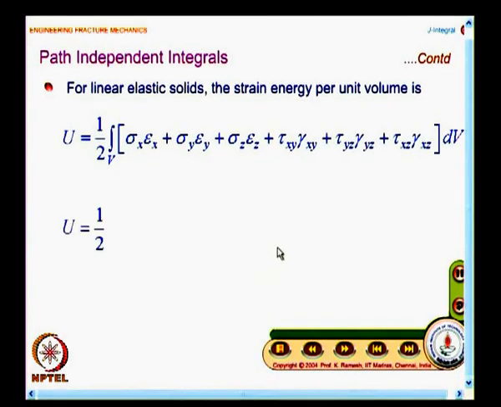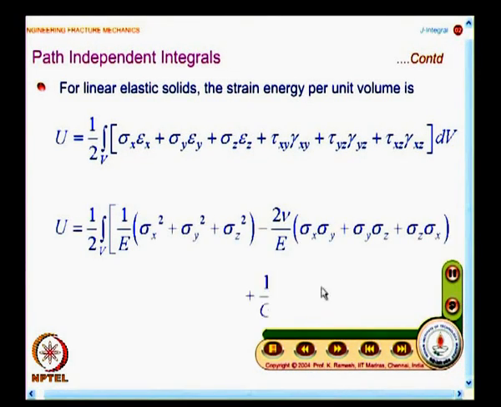And before we proceed further, we just recapitulate. For linear elastic solids, the strain energy per unit volume is expressed as follows. You are essentially getting it for a volume.